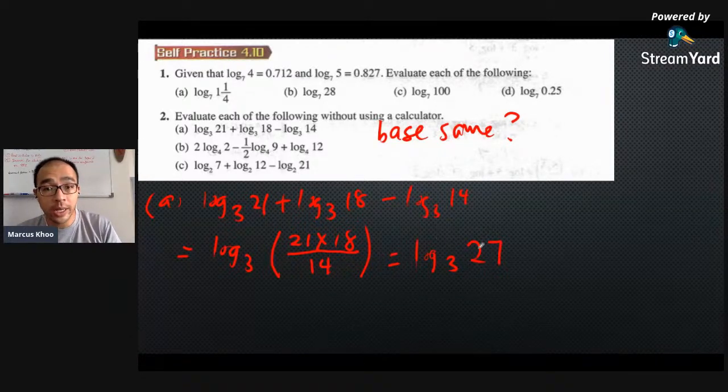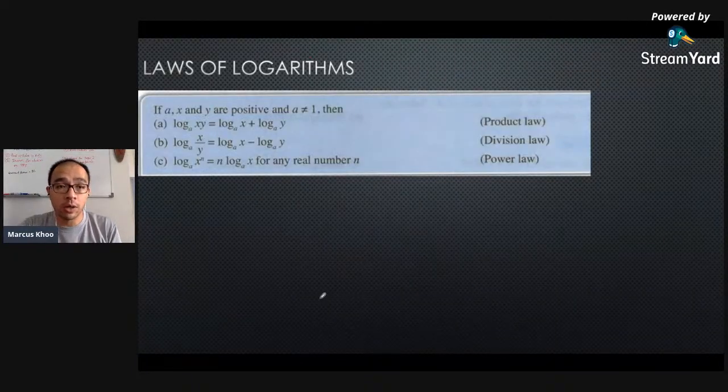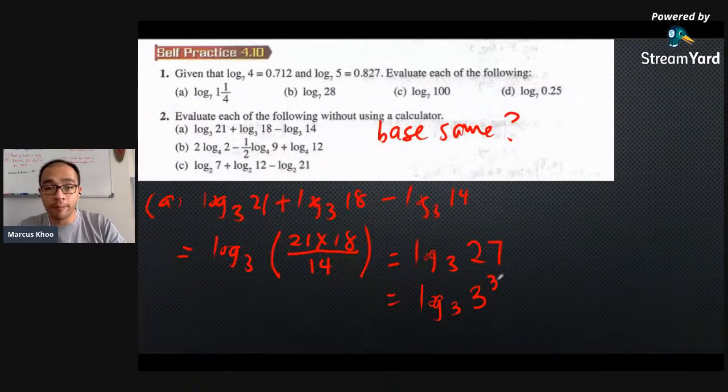Okay, but you're not done. Log 3 of 27, if you remember 27 and our magic number, log 3 of 27 is actually log 3 of 3 to the power of 3. Okay, 3 to the power of 3 is 27. Now, according to the third log law, okay, if you have a power over here, you can bring the power in front.